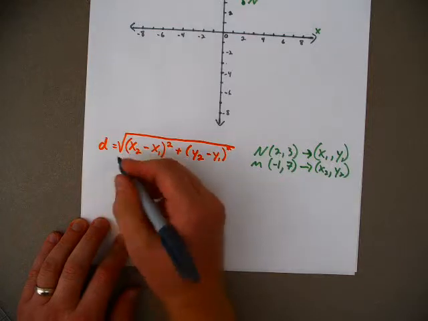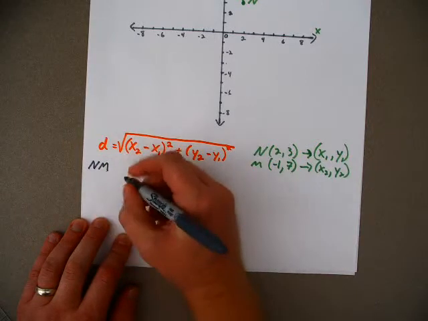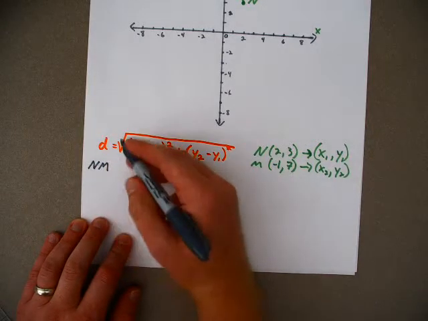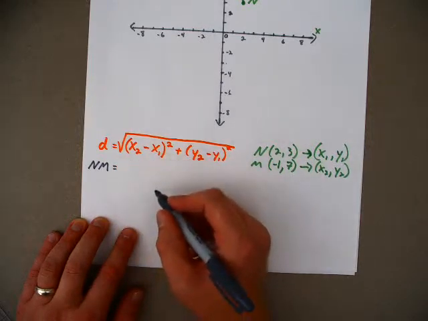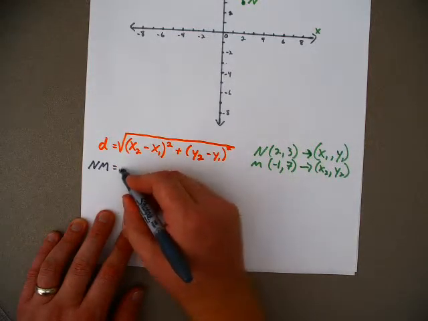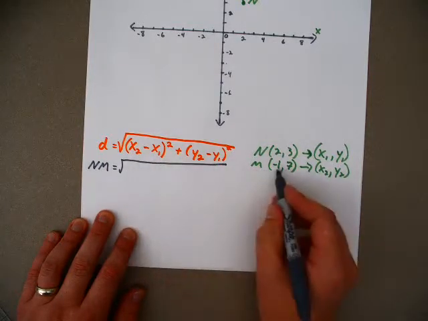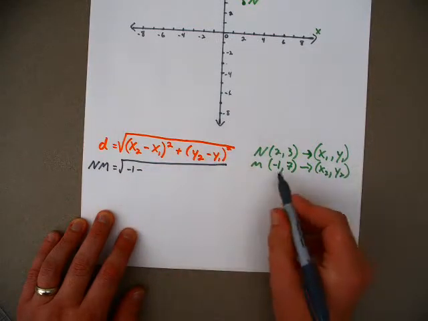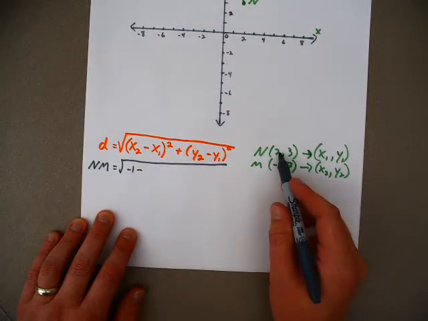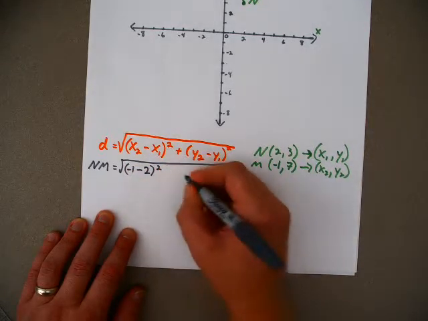So the distance from MN, and we know that when you are finding the distance of a line segment, you just write it as the 2 endpoints. It is going to be the square root of x2, which is -1, minus x1, which is 2, and we're going to square that.